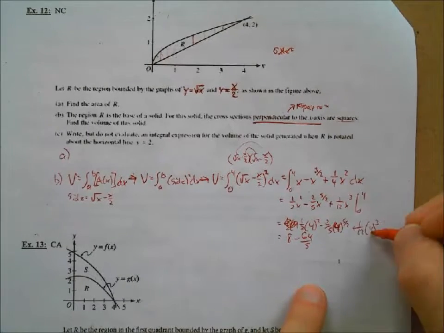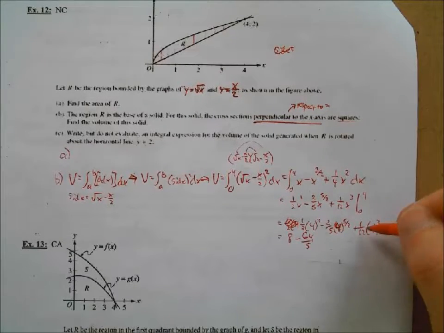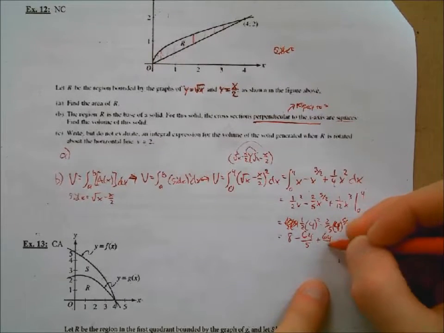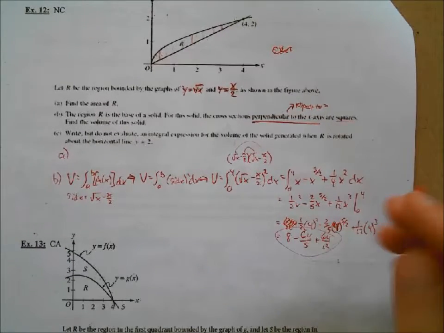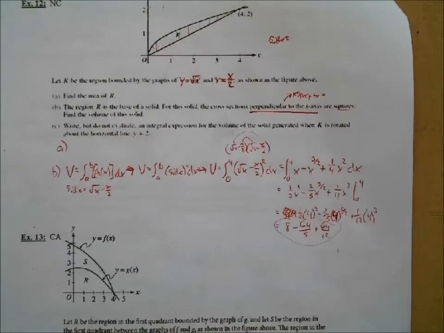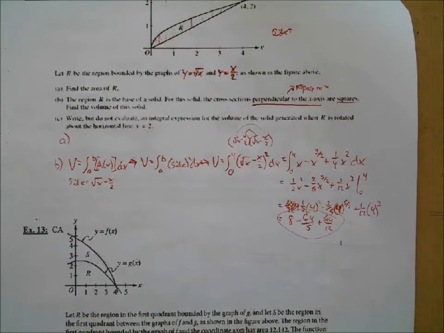And then 4 cubed is 64, so 64 over 12. I don't feel like simplifying the fractions anymore, but there you go. You can get common denominators from there.